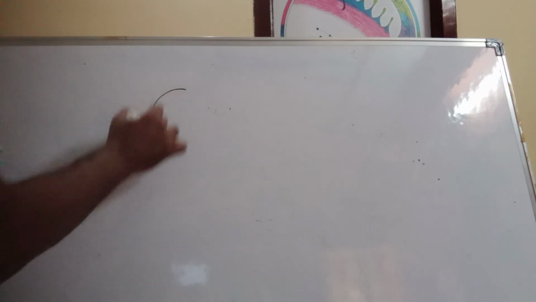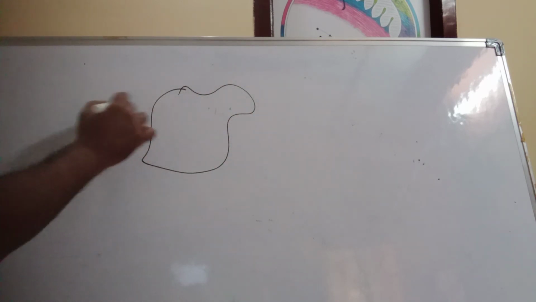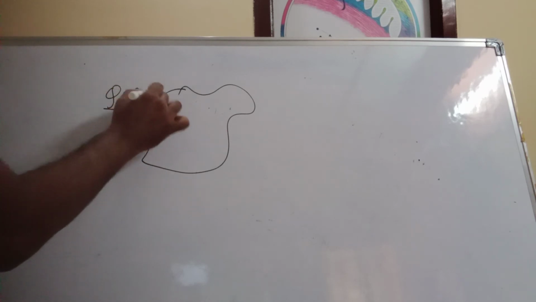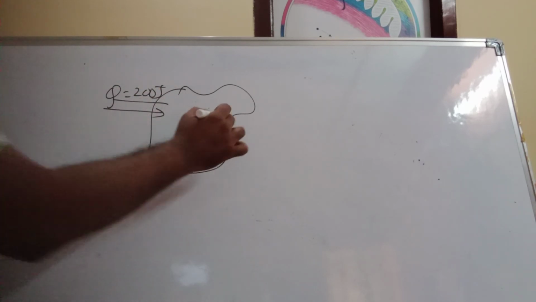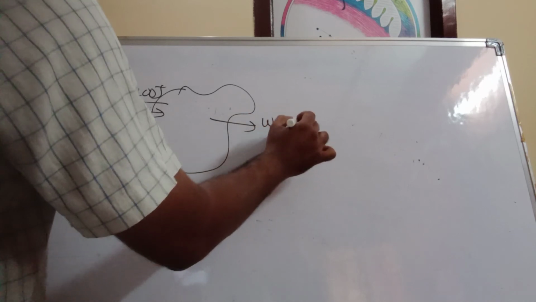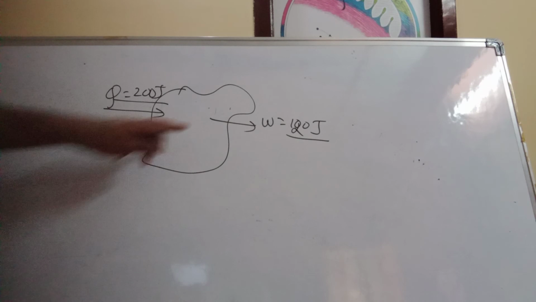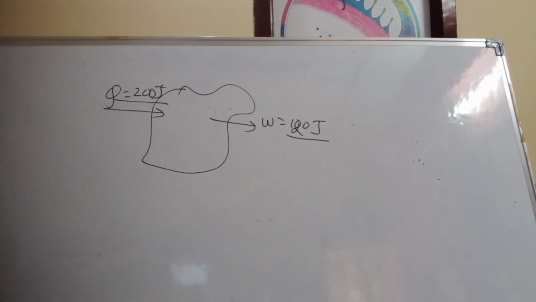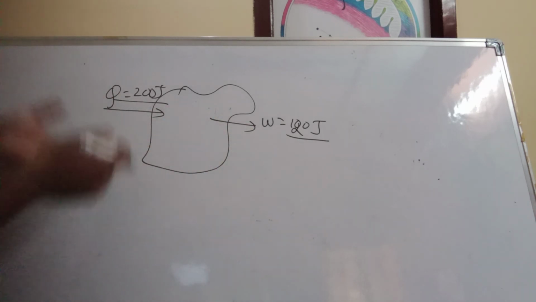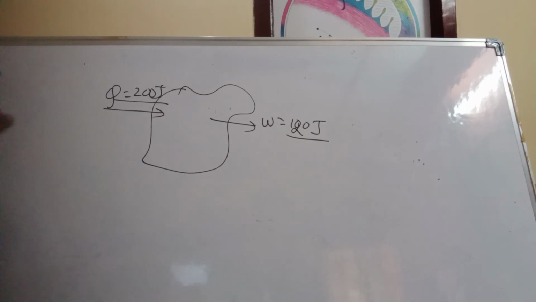The example, if you want to understand, there is some system like this. So here, let us say 200 joules of energy was given and work done was 120 joules. The work done by the system. So how much energy was utilized for changing the internal energy?